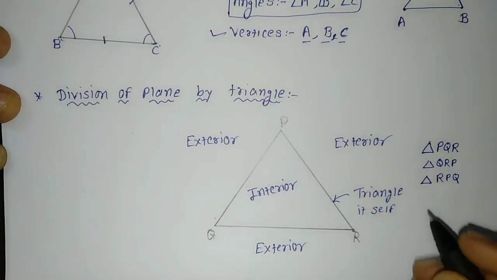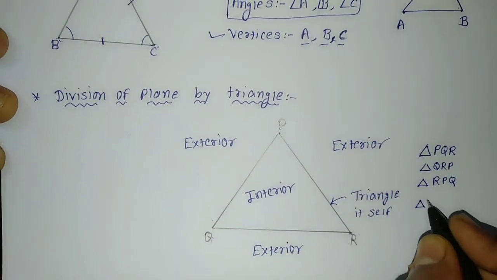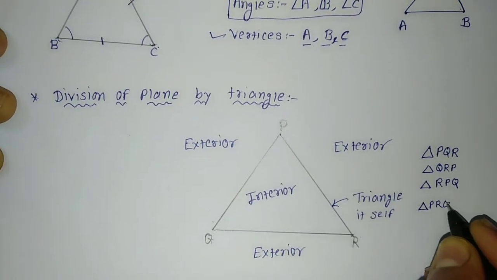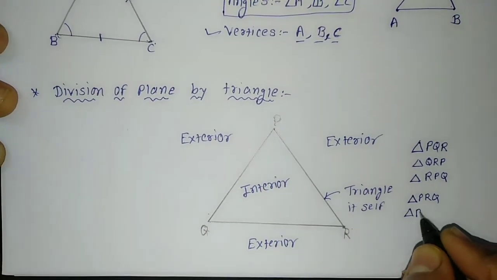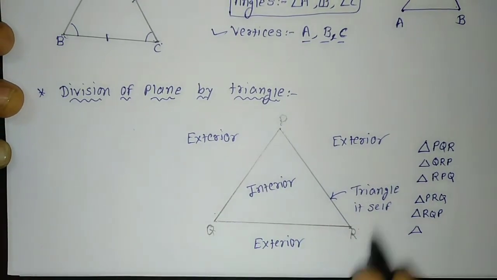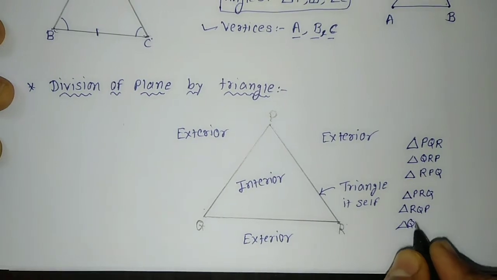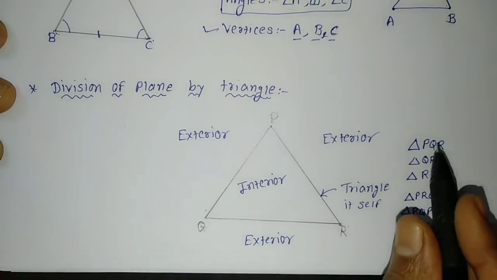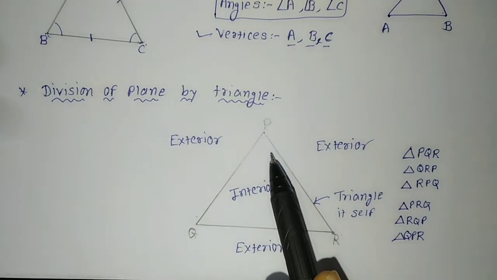We can write it even clockwise. We can write this way, triangle PRQ. We can write triangle RQP, as well as clockwise, triangle QPR. In all these six ways, whatever name we have written, we are talking about the same triangle.